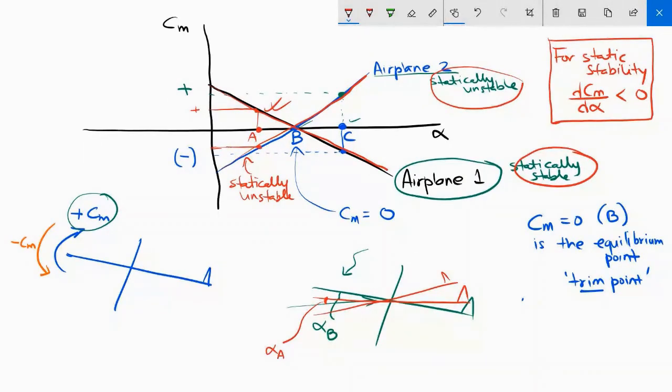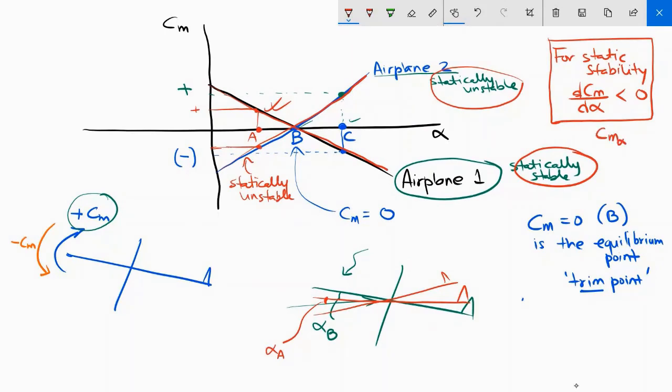Now in this course, there are so many derivatives, so many slopes which will have to be written, that it becomes very tedious to keep writing d something over d something. For that reason there is a shorthand notation to write derivatives. Like this, dCm d alpha is written as Cm alpha.